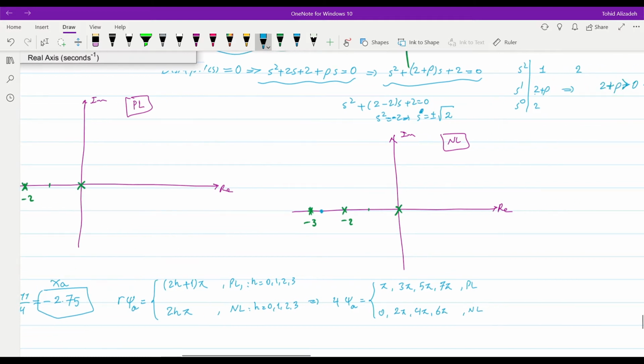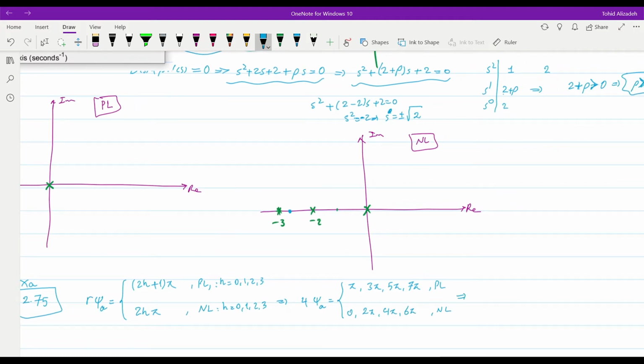And then we divide both sides by 4. Therefore, the angles will be pi over 4, 3 pi over 4, 5 pi over 4, and 7 pi over 4 for the positive locus, and 0, pi over 2, pi, and 3 pi over 2 for the negative locus.